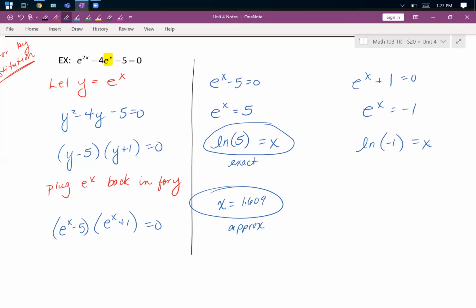So since we have the argument of a log being equal to a negative number, we got to throw out this answer. So we only get one answer, x equals the natural log of 5. Questions, anybody?